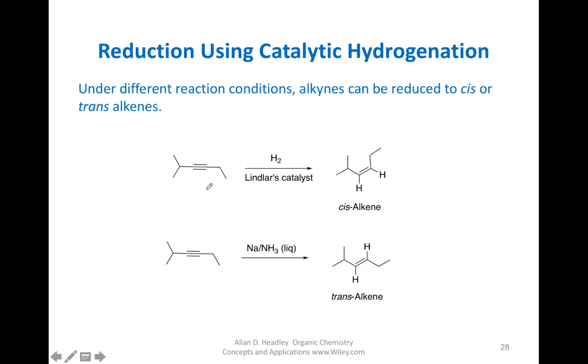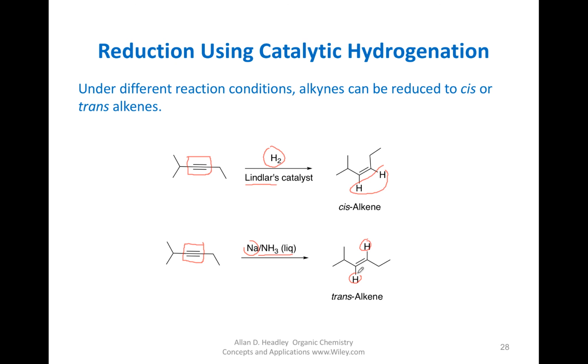So this gives a summary. If you have this alkyne here and the reaction takes place in hydrogen and Lindlar's catalyst, you would get a cis addition. Take the same alkyne and react it with sodium in the presence of liquid ammonia, you get a trans alkene.